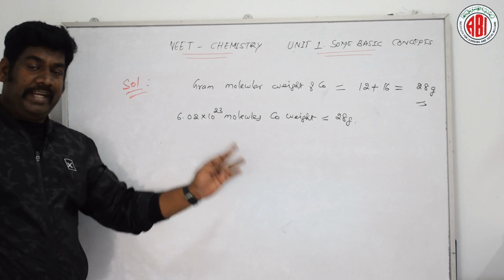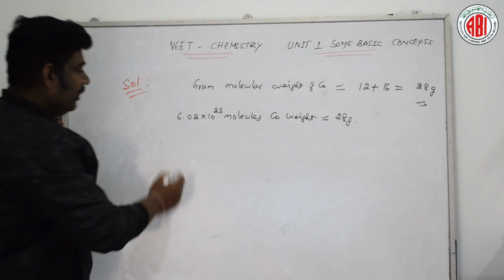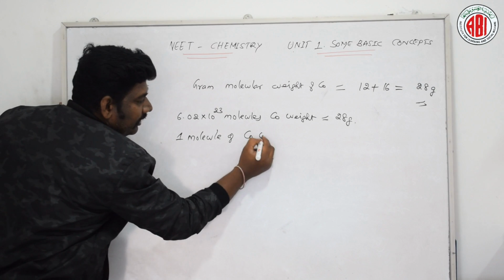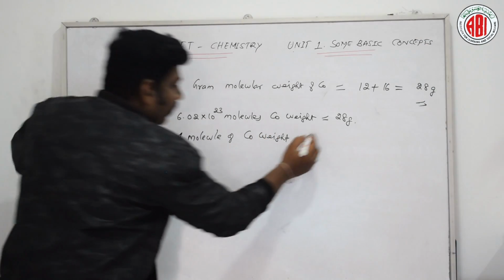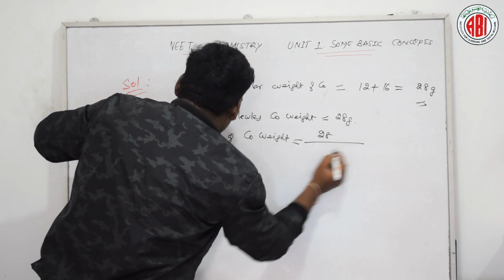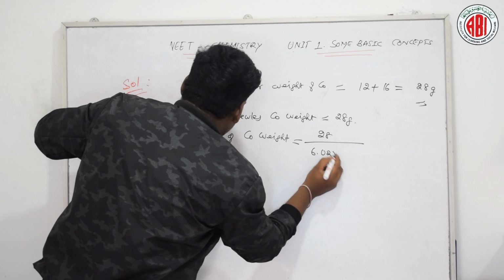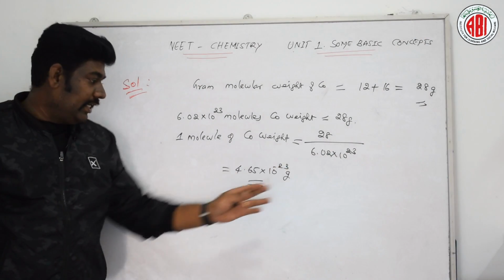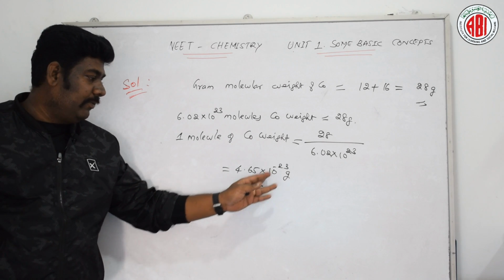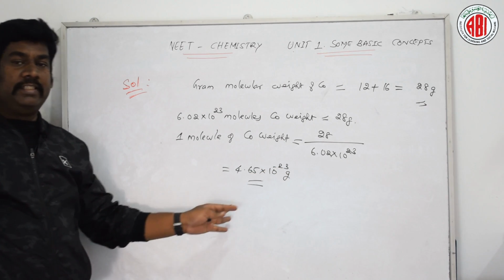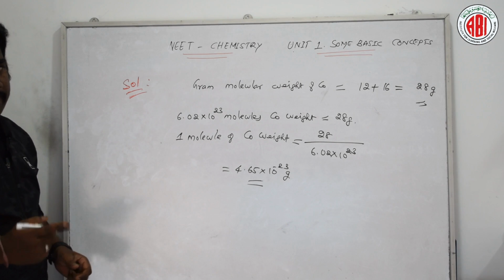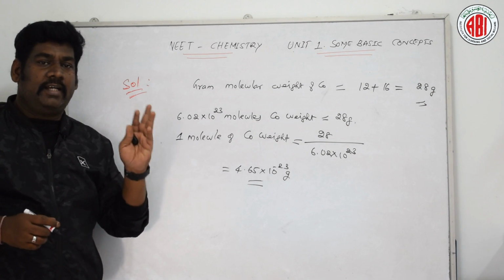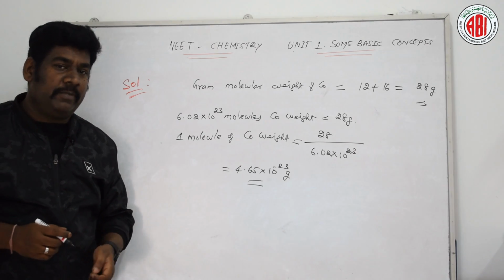Now we find the weight of 1 molecule: 28 by 6.02 into 10 to the power of 23. Simplifying this, you will get around 4.65 into 10 to the power of minus 23 gram. So this is the weight of 1 molecule of carbon monoxide. In this way we can find the answer.